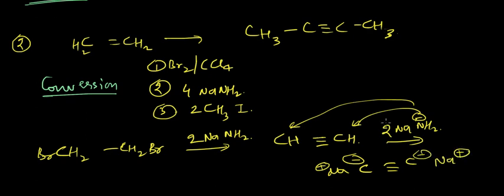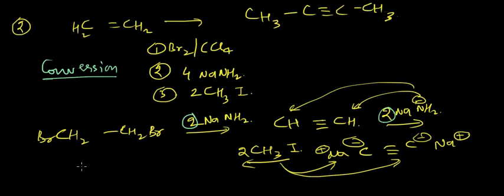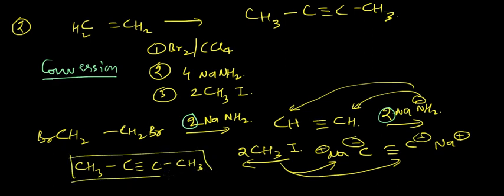So we need a total of 4 moles of NaNH2, 2 plus 2, 4. After this is formed, we will react this with 2 moles of CH3I to get CH3 on this carbon atom and on this carbon atom. So we'll get something like this as the final product. In the last step, we needed 2 moles of CH3I.